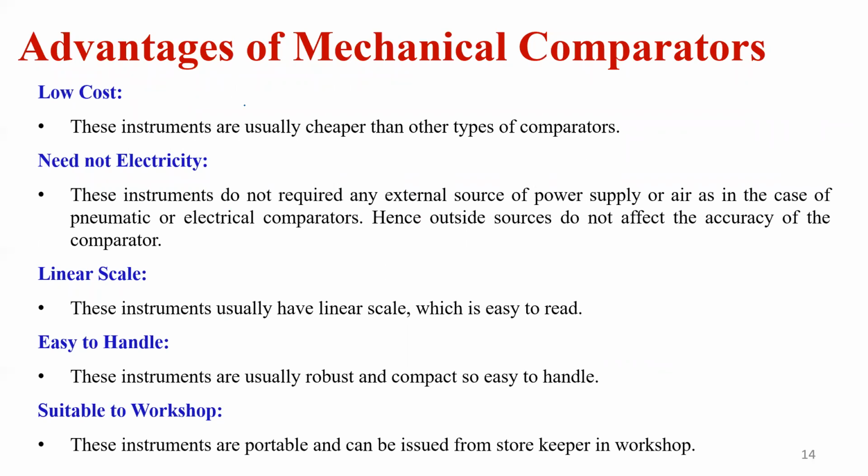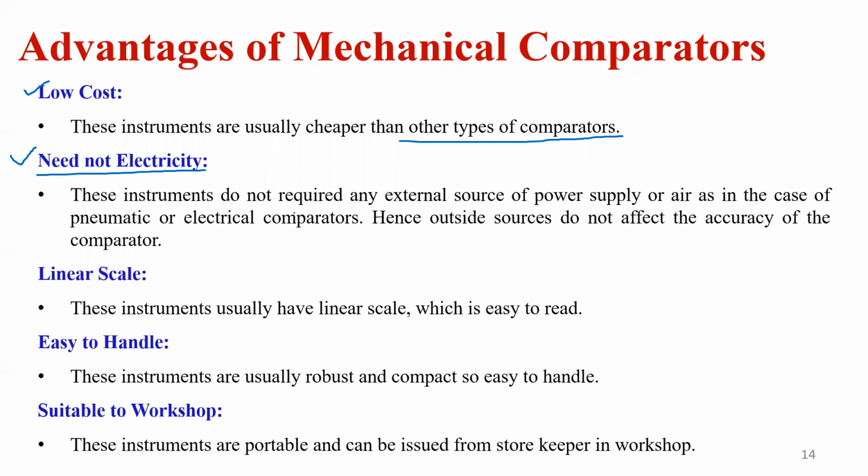Coming to the advantages of mechanical comparators. One is low cost. So these instruments are usually cheaper than the other types of comparators. And it does not require any electricity for operating the equipment because the magnification is by means of levers, by means of gears, by means of pinion and rack.